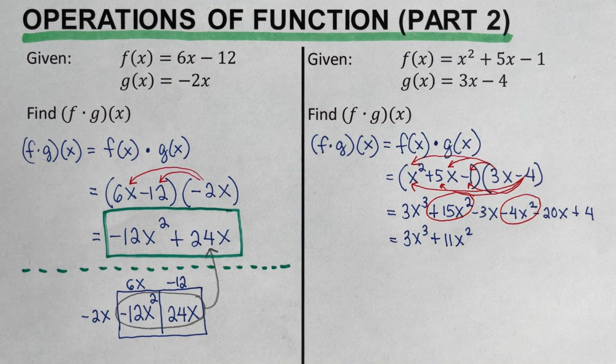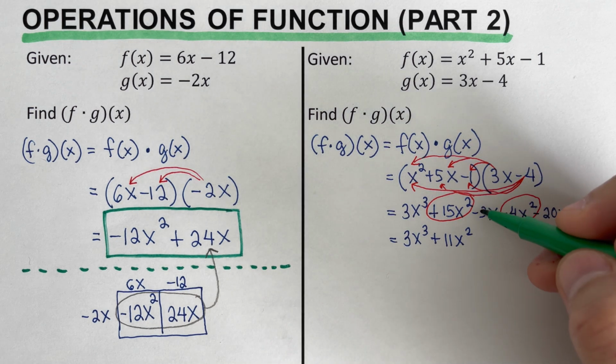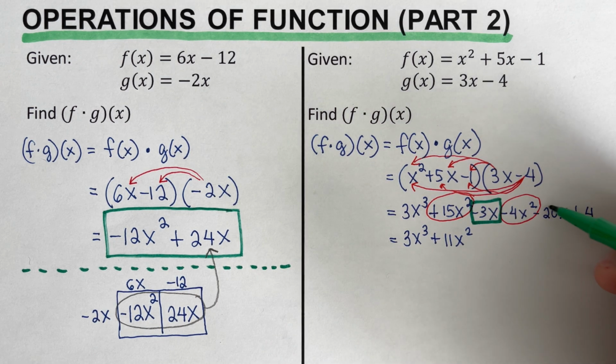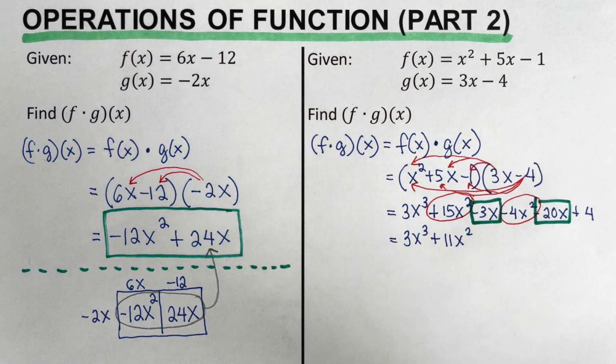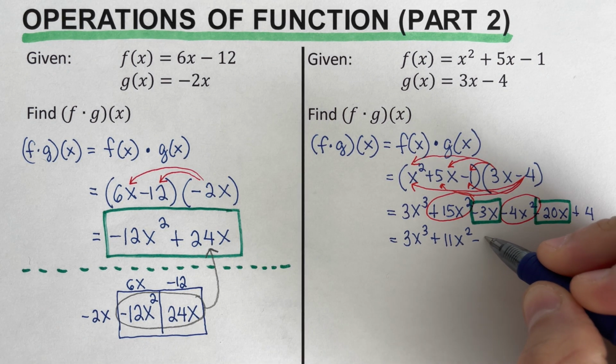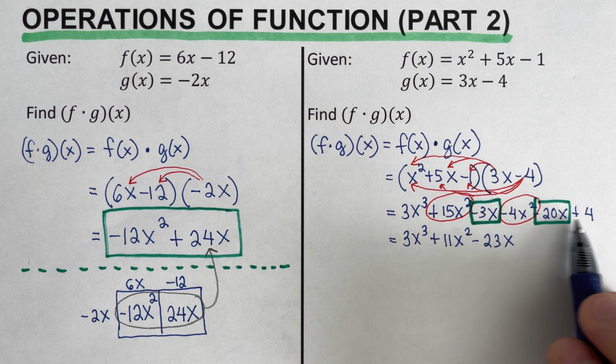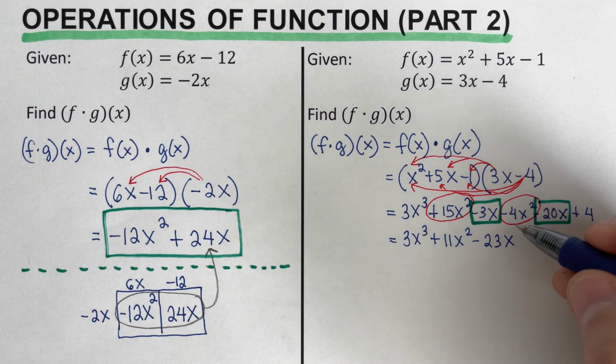Then we have negative 3x minus 20x. These are like terms, so this comes out to negative 23x. And then we have a 4. It doesn't have any other constant, so we can just write plus 4.